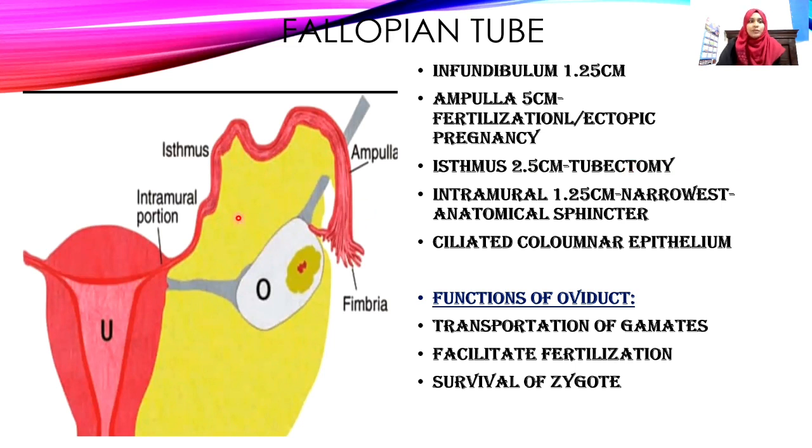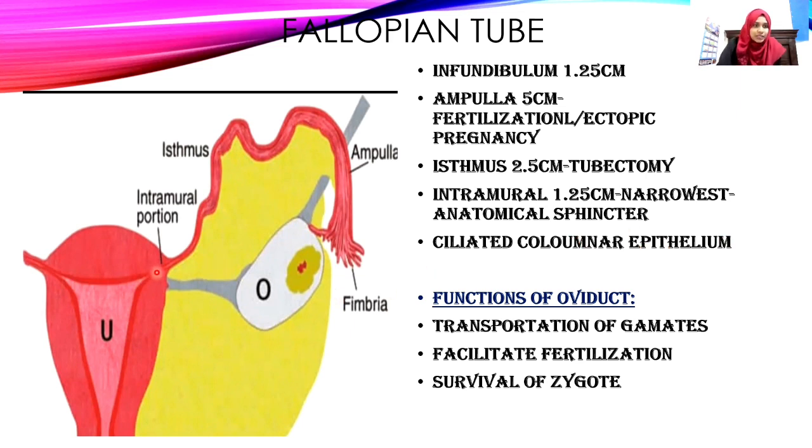Okay, now we will see the intramural part or the interstitial part. This is around 1.25 centimeter and this is the narrowest part. The other name of the intramural part is the anatomical sphincter, and the isthmus is otherwise called the physiological sphincter. Okay, now the whole fallopian tube is lined by ciliated columnar epithelium.